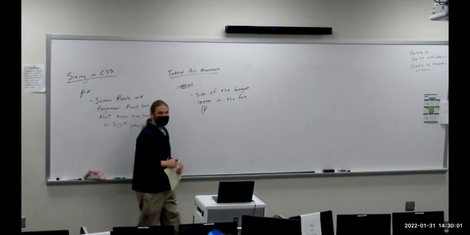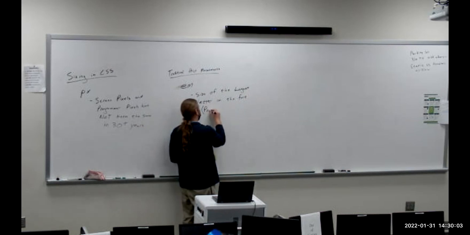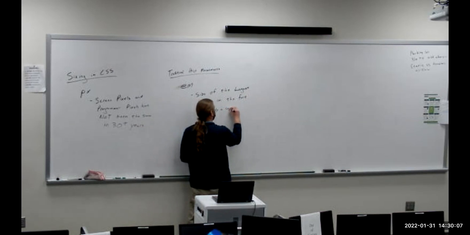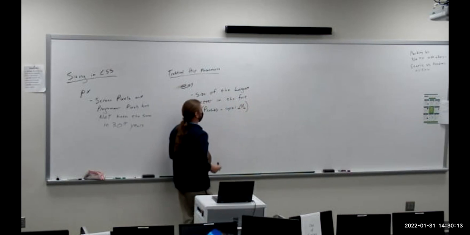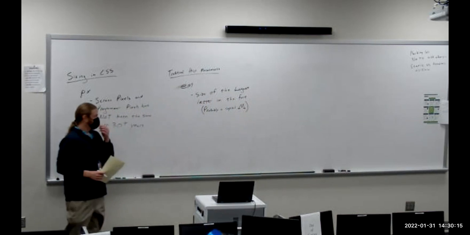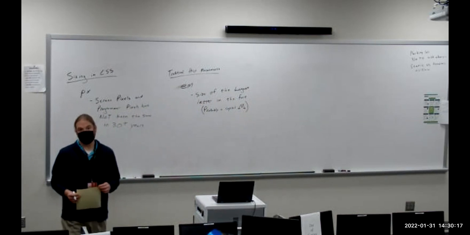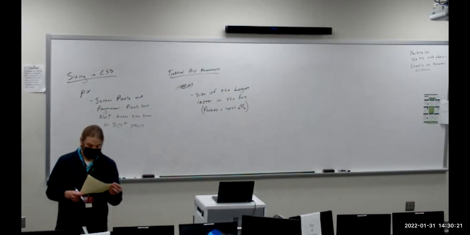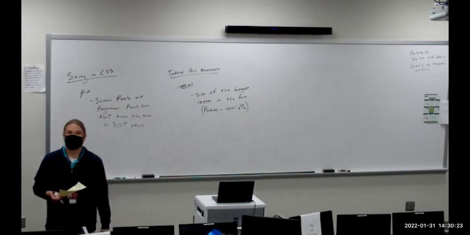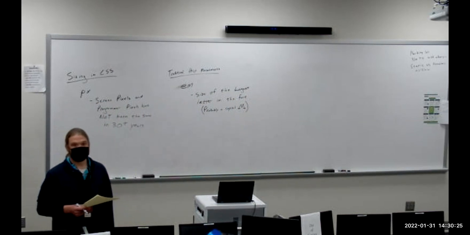Probably a capital M. I'll draw it with serifs there. The largest letter in the font is probably a capital M or a capital W. But in some decorative fonts, there might be one that's bigger.